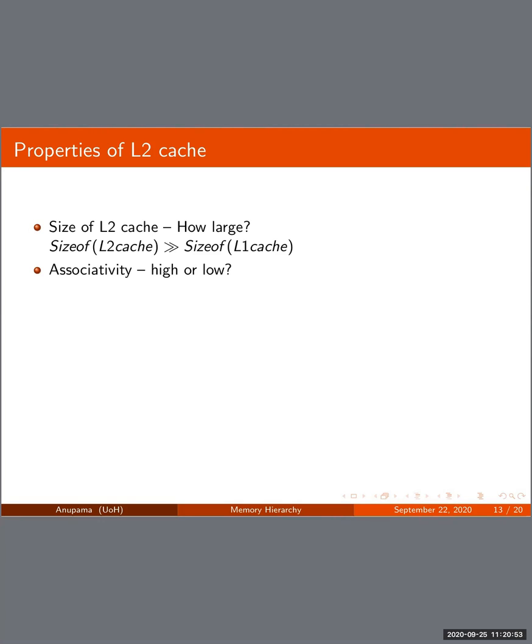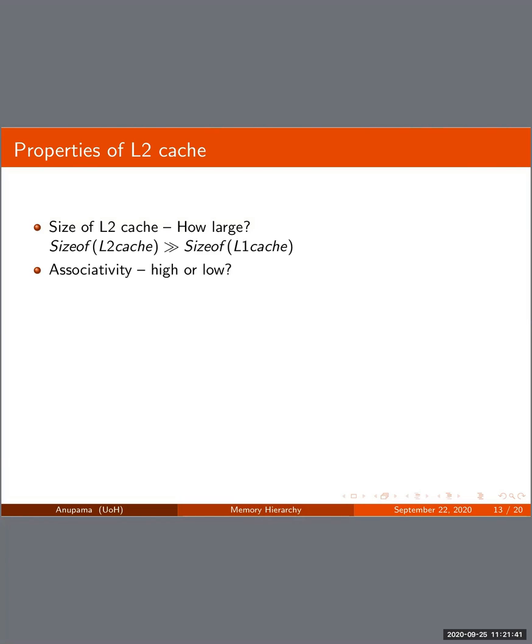So coming to associativity, what is your take on that? L1 versus L2 and why? So what do we know about associativity? What did I say in the last class about increasing associativity?